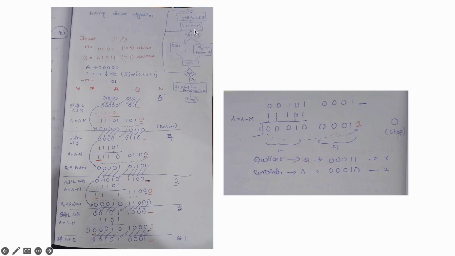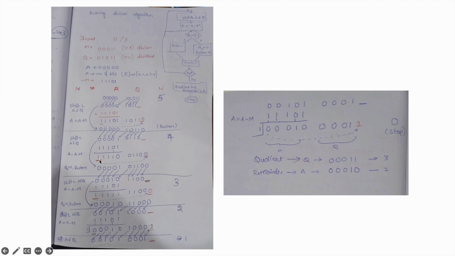So the next step is we have to subtract M from A. The A value is this one and minus M is this one. This has to be added. 1 1 1 0 1 is added with this one. 1 1 1 0, 1 here, 0 here, and the sum is 1 1 1 1 1. Now the nth bit of A is 1. If it is 1, we have to use Q naught as 0.